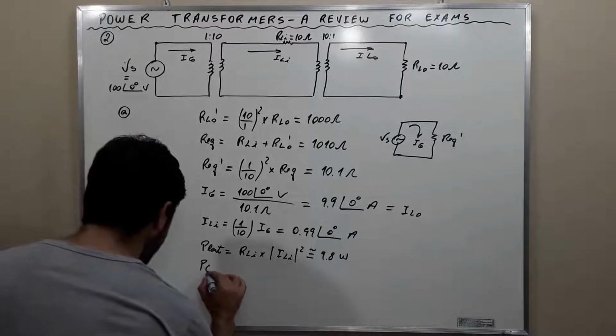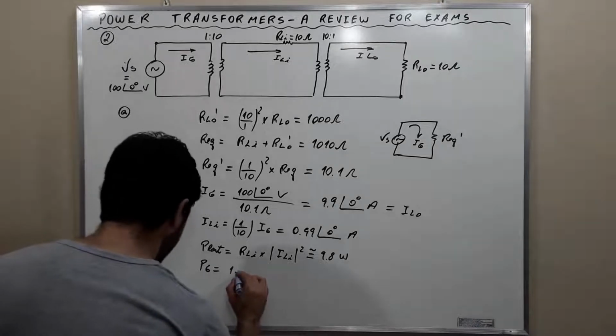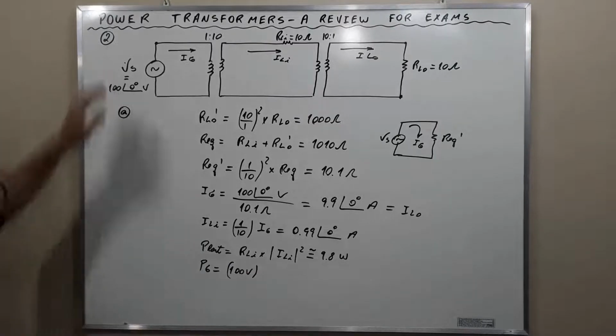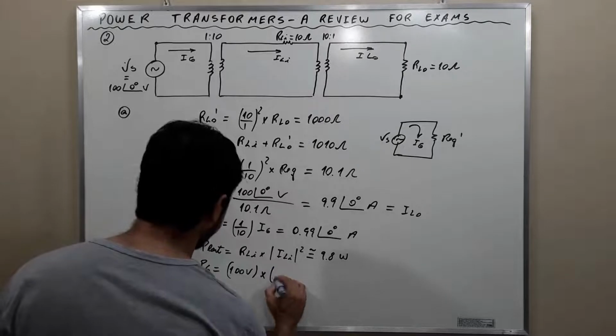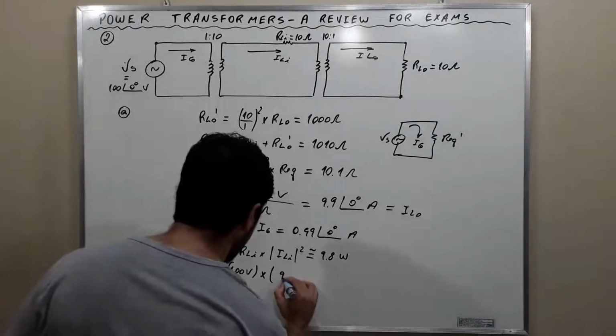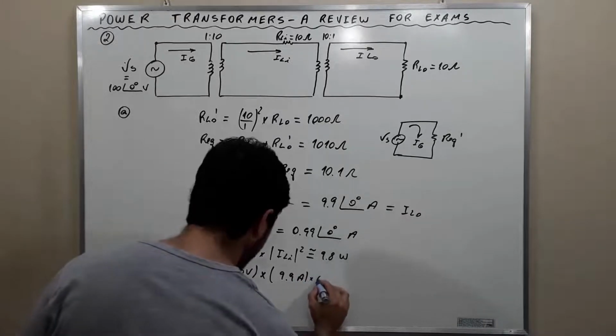Pg is equal to 100 volts, the voltage of the power supply, times the current of the generator, 9.9 amperes, times the cosine of the angle.